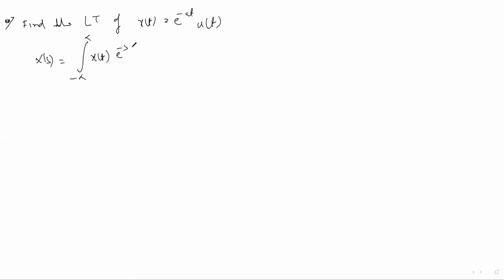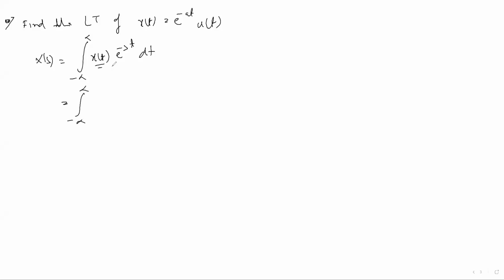I have given one problem: find the Laplace transform of x of t equals e to the power minus at u of t. Let me solve briefly. You have to solve by the integration formula, with x of t.